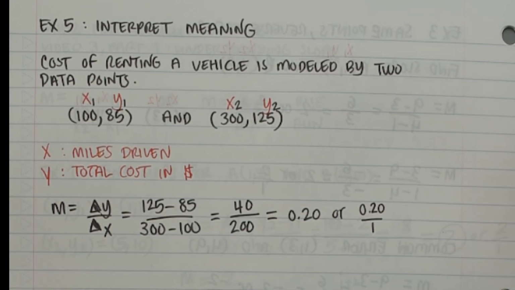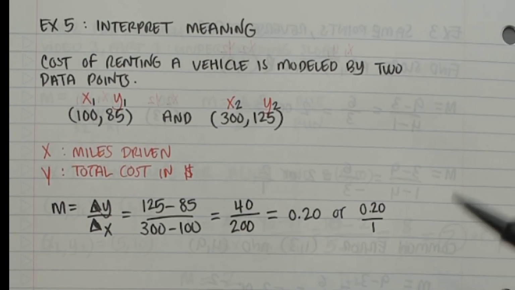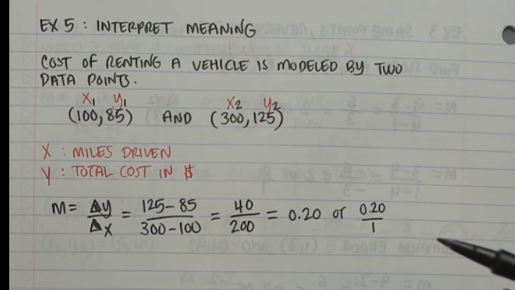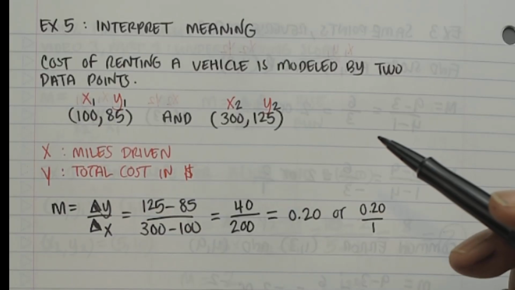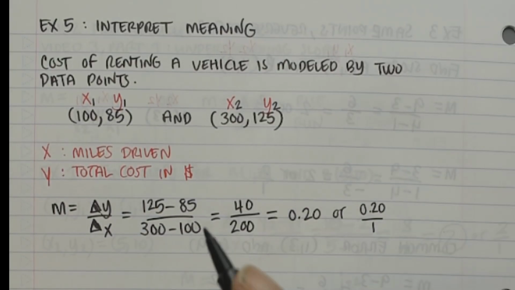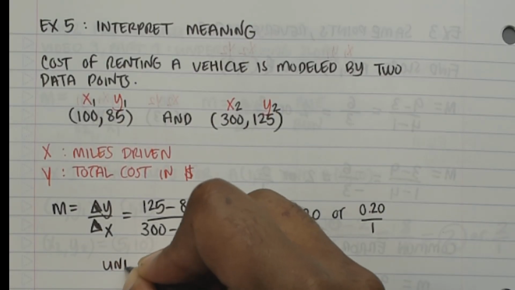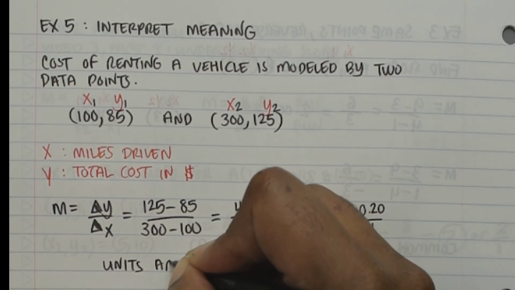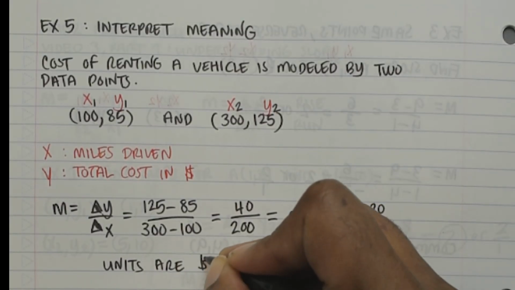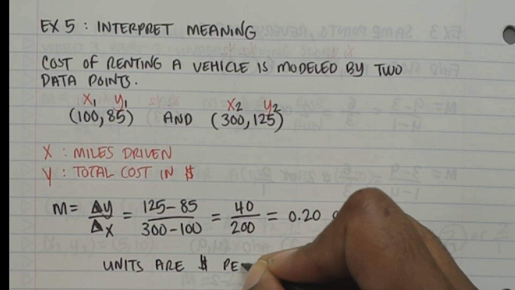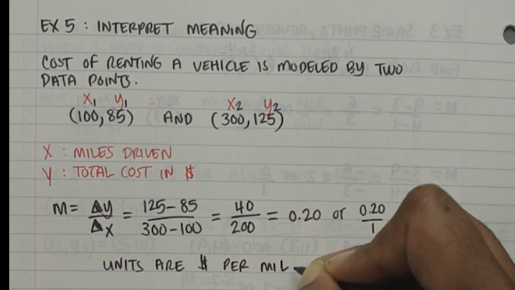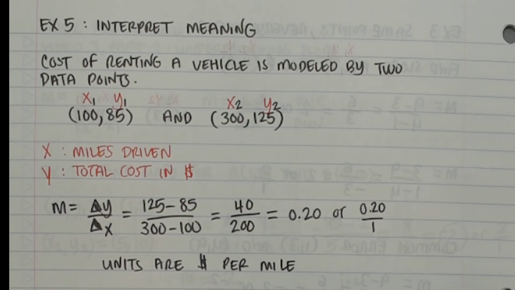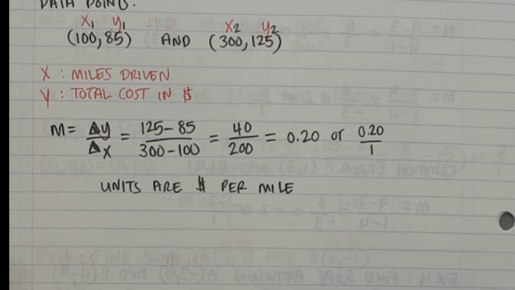But in an applied problem like this, giving only the number is really incomplete. We must interpret it. Okay. So the units are dollars per mile, right? So dollars per mile, okay, what does that mean?